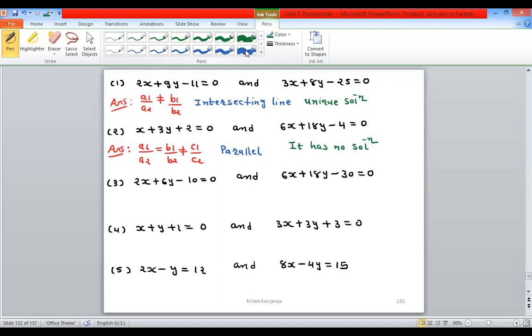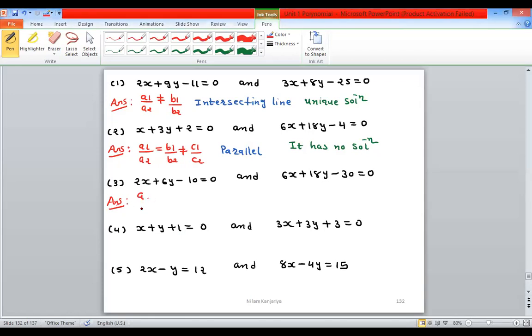Third one. What did the student say? Yes, very good. This is infinite and coincident. Very good, I'm really impressed. This is the third number.